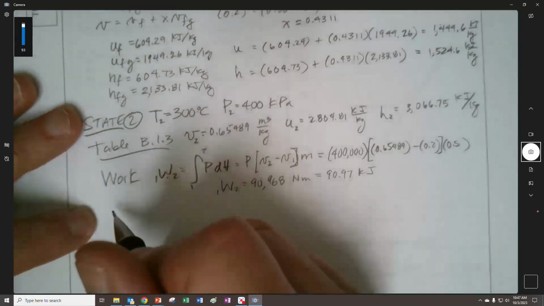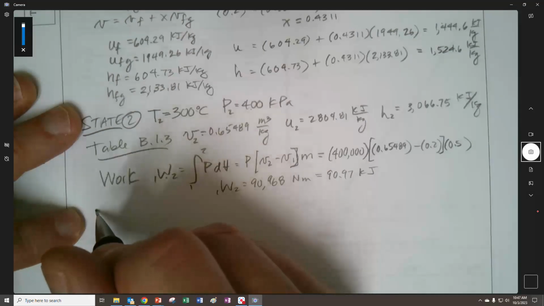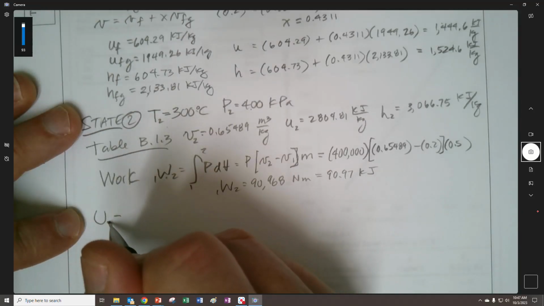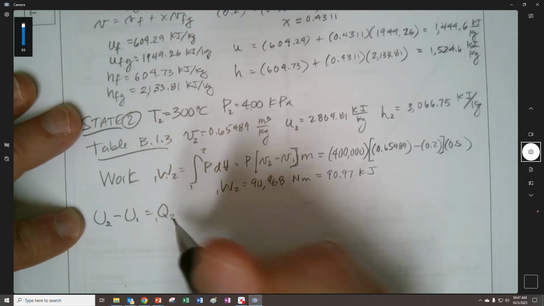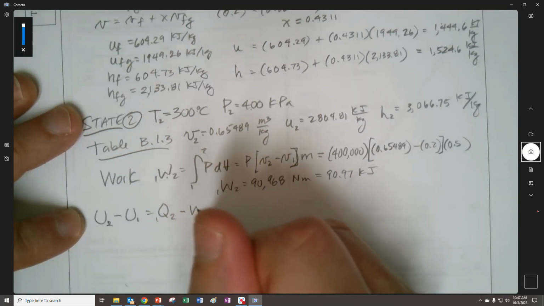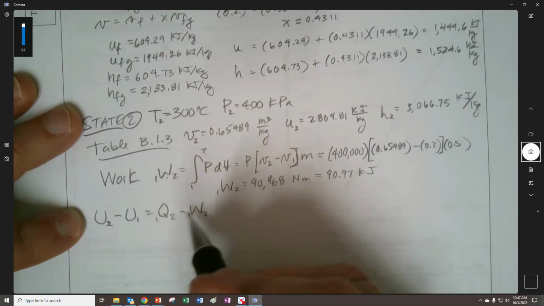Now, internal energy. Let's write our big equation that we've been using: U2 minus U1 is equal to Q12 minus W12. So this is heat in and this is work out.